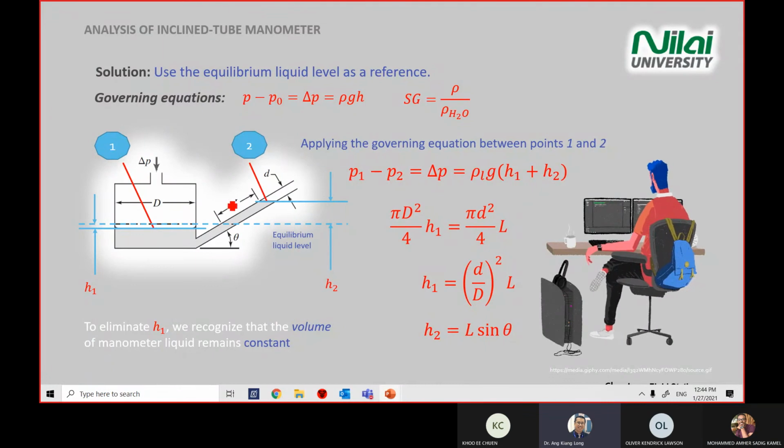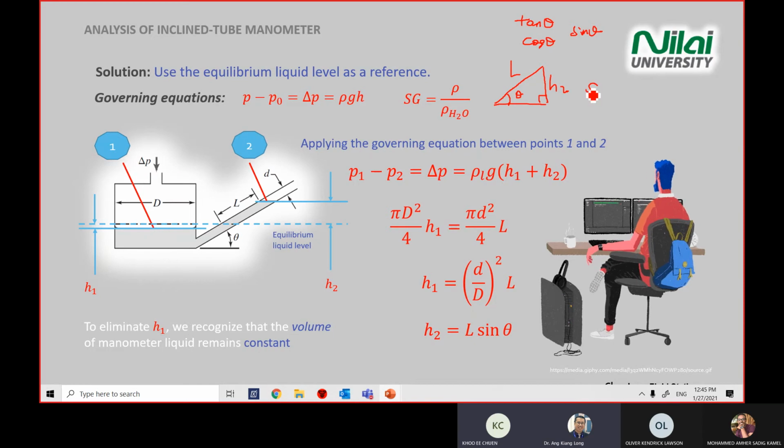You focus on this arm. You are seeing this is your L, this is your H2, and you have a theta. What is the relationship in trigonometry between the opposite side and the hypotenuse? Sine, right?